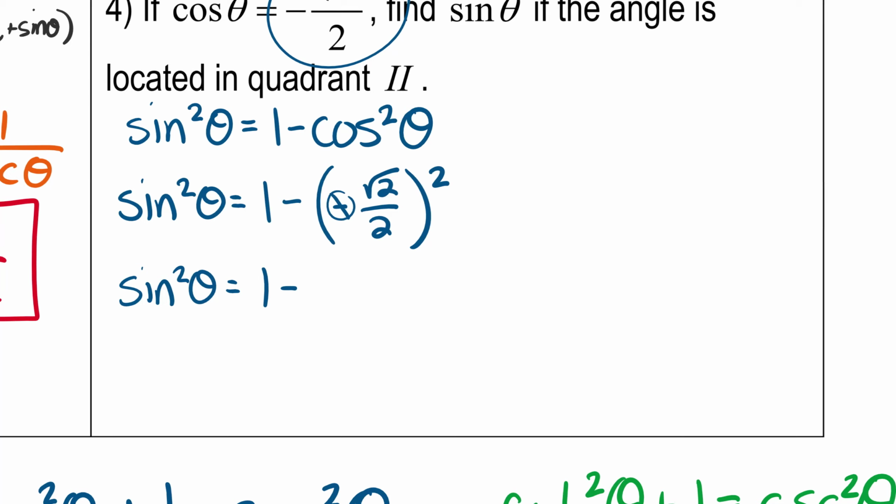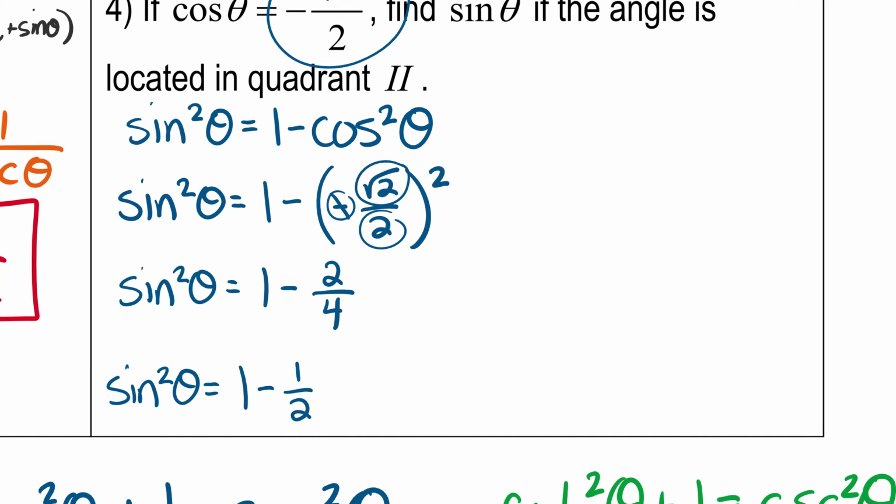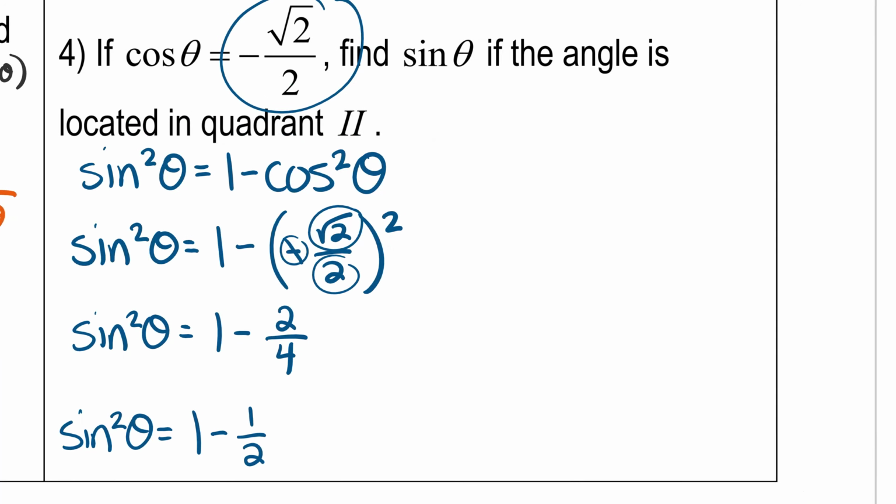On the top, since I have a fraction, I'm going to square the top, square the bottom. So square root of 2 squared just gives me 2. And then 2 squared gives me 4. I can reduce that. So I have 1 minus 1/2. So 1 minus 1/2 is just 1/2.